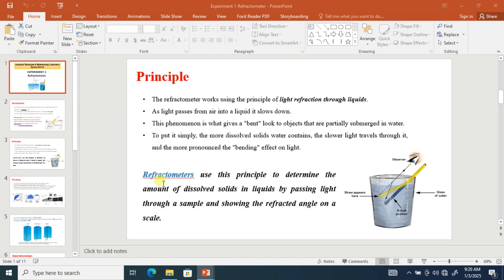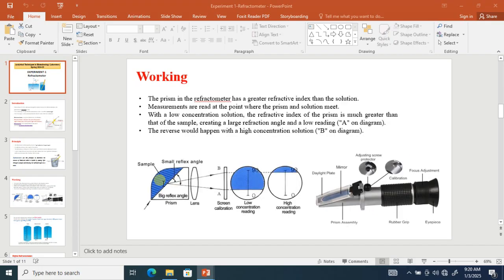Now, what is the principle of the refractometer? There is a prism inside the refractometer. The important thing is that whenever we place a solution, the prism in the refractometer has a higher refractive index than the solution.